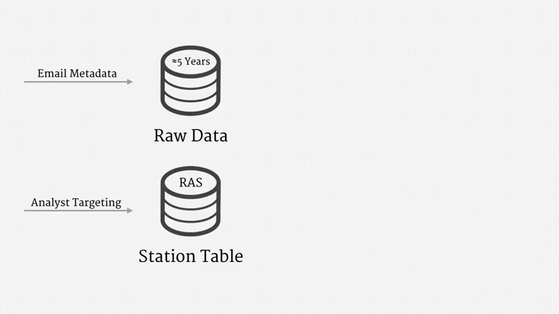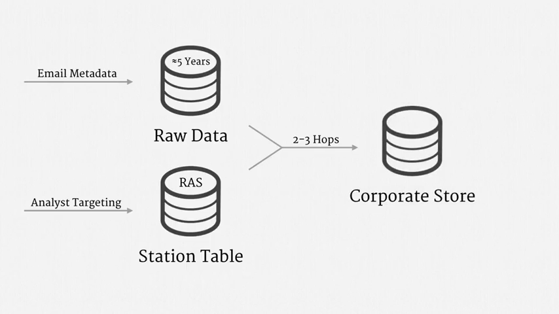Go figure. The raw data got checked against the targeting criteria in the station table. Metadata up to 2 or 3 hops away from the target was moved into yet another database. I'll return to this notion of hops in a moment. The new database, in NSA lingo, was the corporate store.